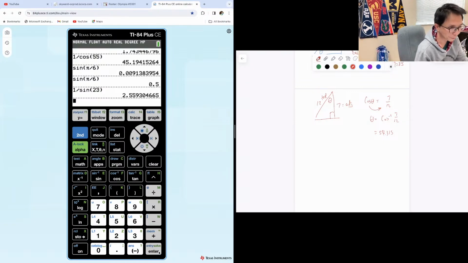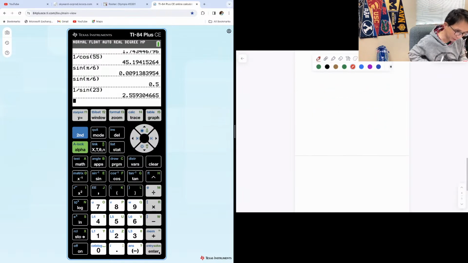Now we're gonna go a little bit further. We're gonna figure out all the trig ratios if I have a single point. So let P equal -3, -5.